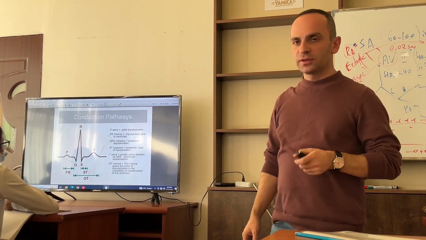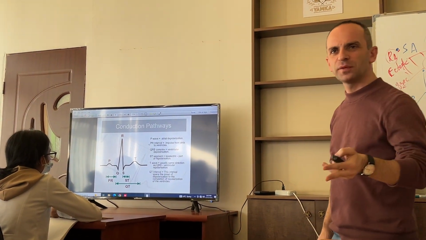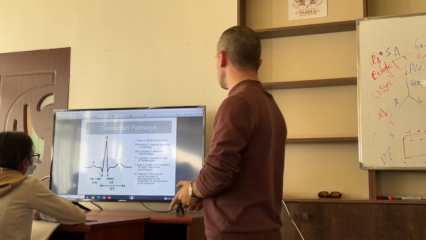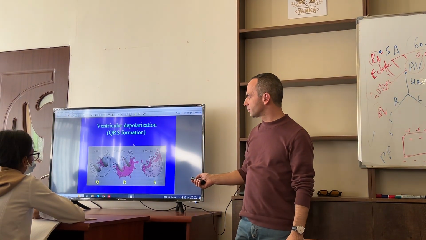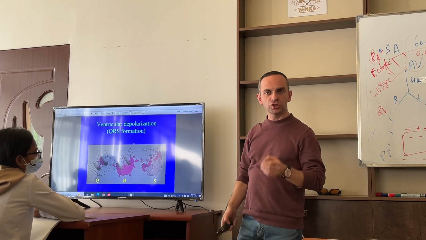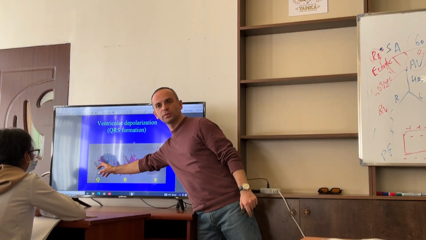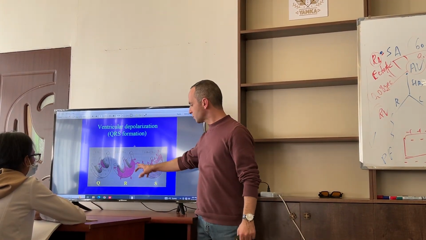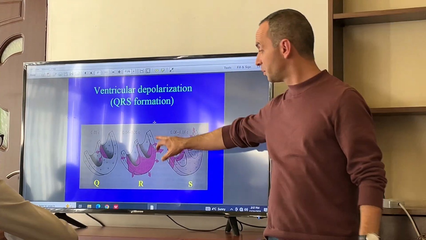This part was clear. Then, as I told you, P stands for atrial depolarization, QRS for ventricular depolarization, T for ventricular repolarization. QRS is ventricular depolarization, but of various parts. Q stands for depolarization of the interventricular septum. R stands for depolarization of all other parts other than the basal parts.